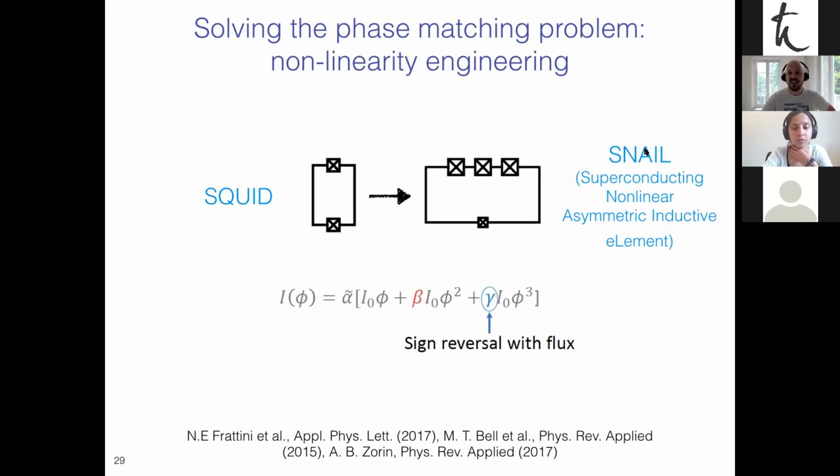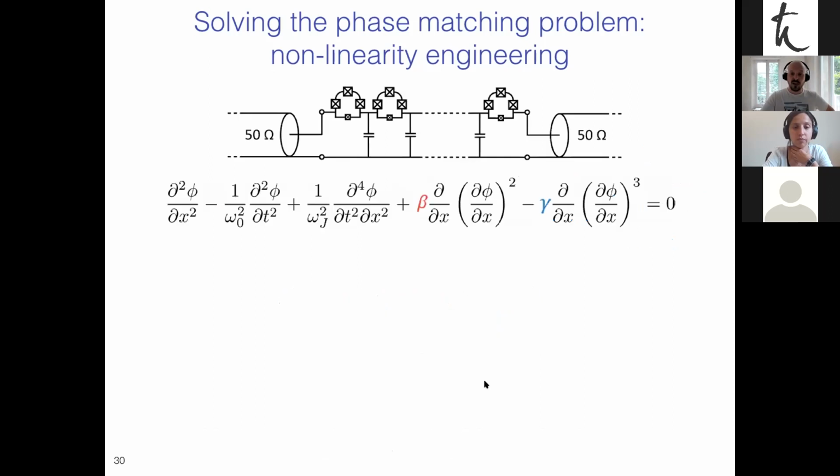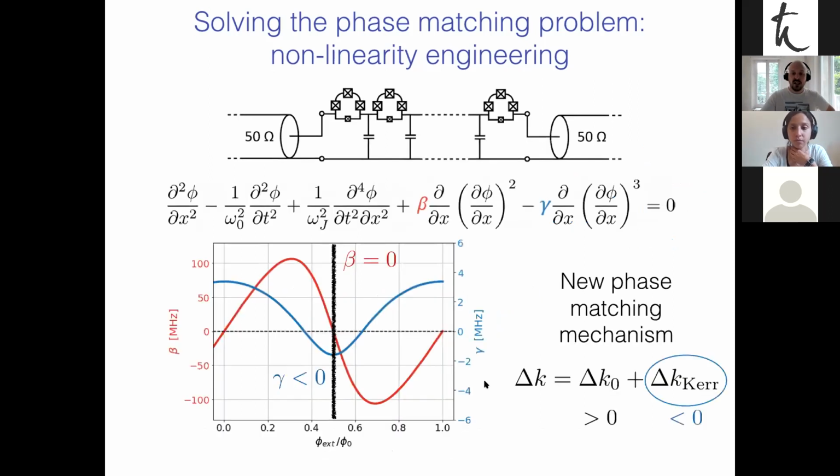We call it SNAIL in our jargon. It stands for superconducting nonlinear asymmetric inductive element. In this case, you can show that you can reverse the sign of the nonlinearity, and if you do so, you can make this part negative. So you have a negative phase mismatch because of the nonlinearity.